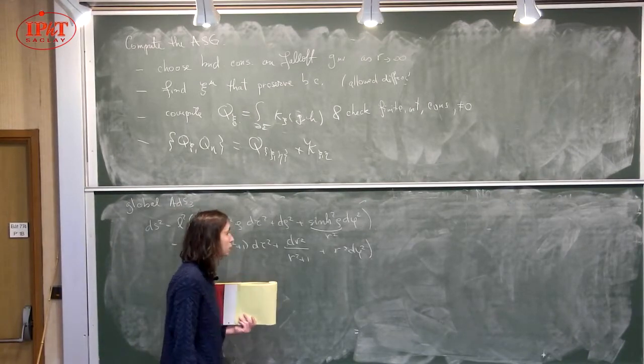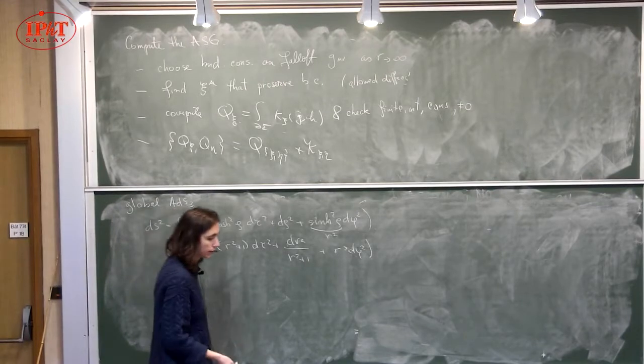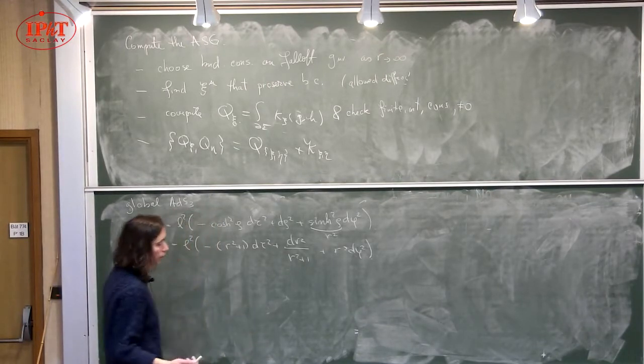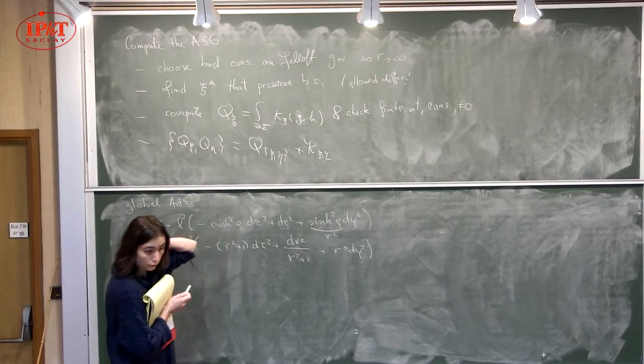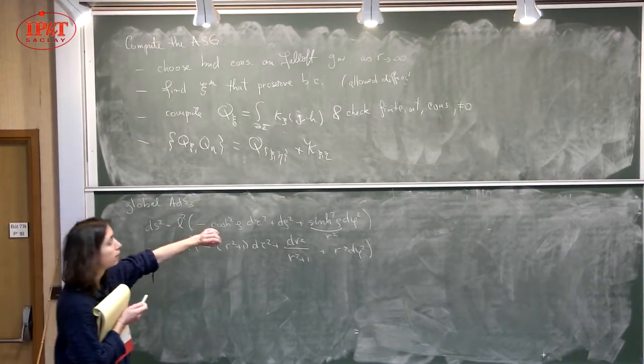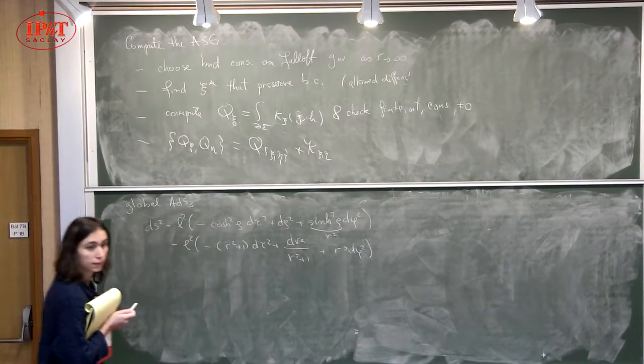An interesting set of solutions that one can come up with: I told you everything is locally AdS3, but then you can have funny identifications, or you can have conical singularities. So for example, if you try to put a particle in AdS3, it creates a conical defect.